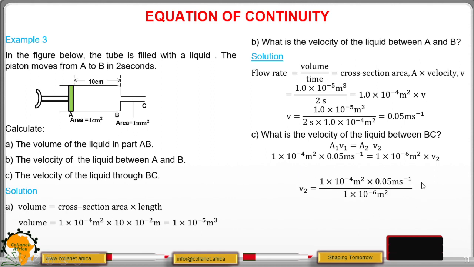That means that velocity V2 will be equal to this, 5 meters per second. And as you can see, the velocity in this region, which is narrow compared to this, is also bigger compared to the velocity on this section.